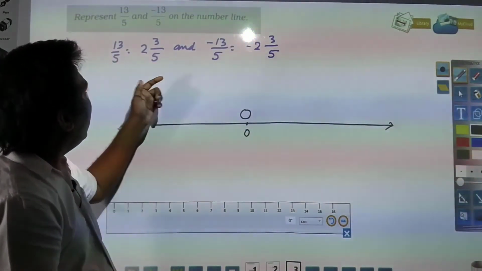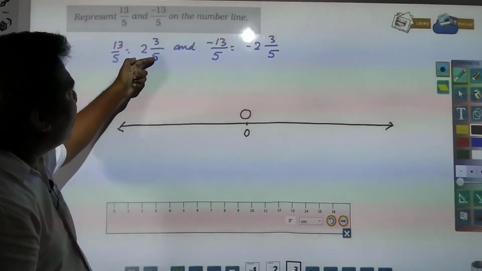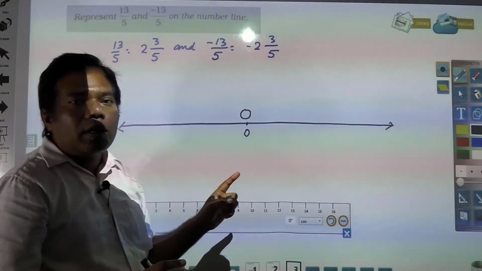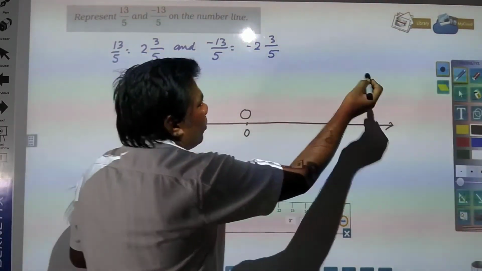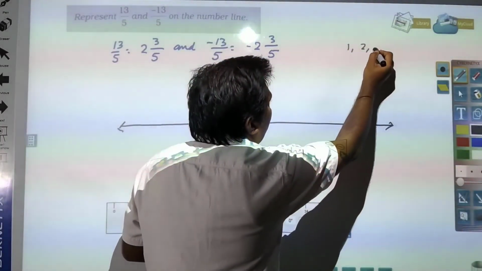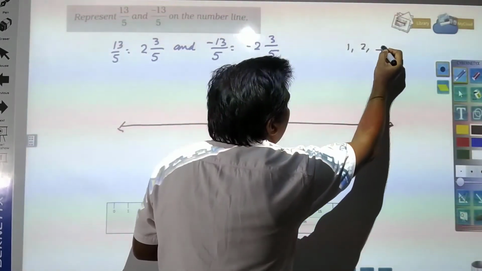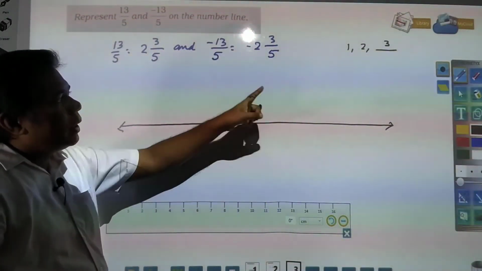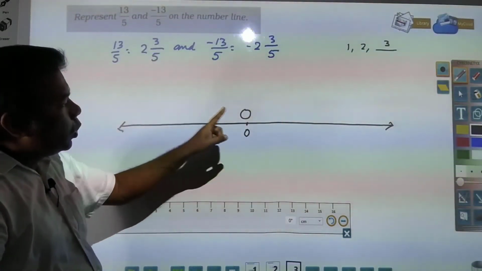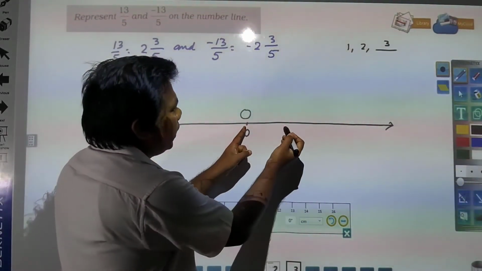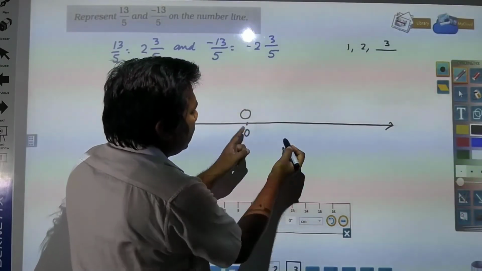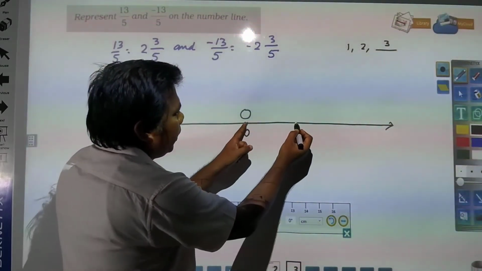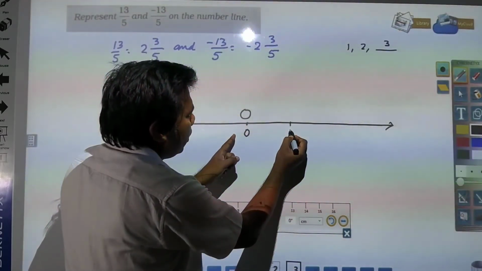Now here you have 2 whole 3 by 5. It means you have 2 numbers, 1, 2, and then in the third number division has been made, 3 by 5. 2 whole is there. So here a unit length is required to be taken. Suppose this is 1 unit.